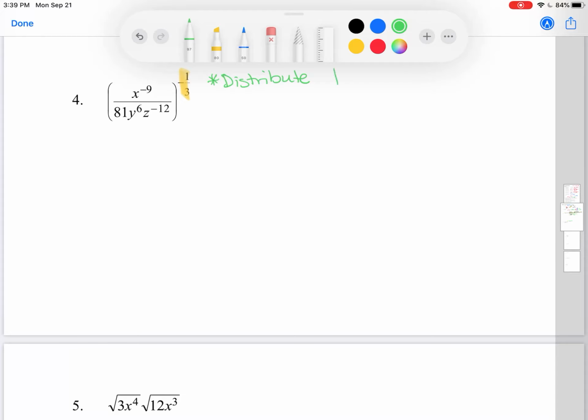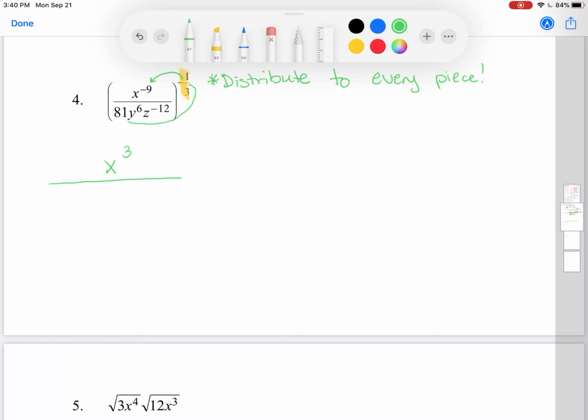So I'm going to distribute that -1/3. This is the power of a power rule. And I have to remember I'm going to distribute it to every piece. That's most important. So while I do that, I'm going to have x to the +3. When I distribute -1/3 times -9, it's going to give me a +3.